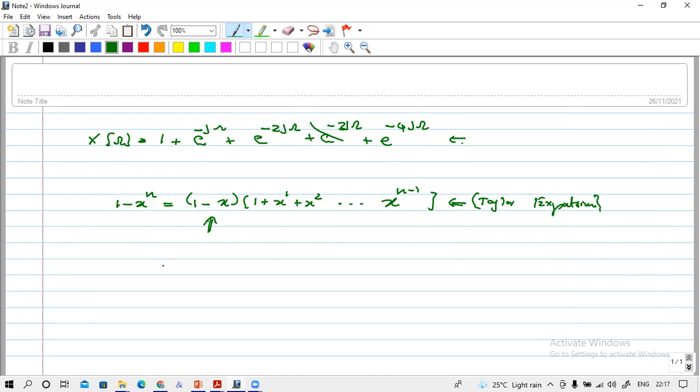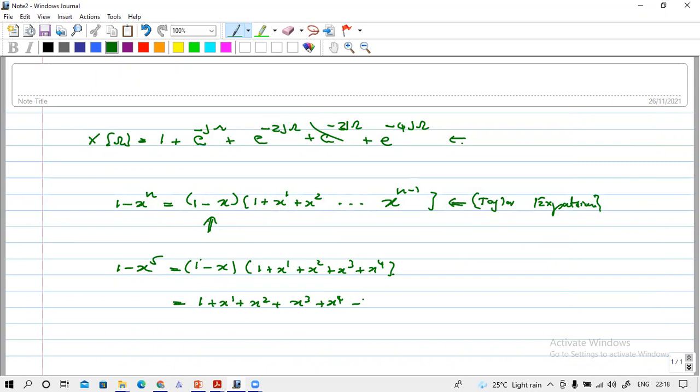Okay, for example, if you have this kind of terms, let's say that 1 minus x5 is equal to 1 minus x times 1, x1, x2, x3, x4, like this. So if you expand it, you have to multiply all terms by 1. So you have 1, x1, x2, x3, x4, and you have to multiply all terms by minus x.